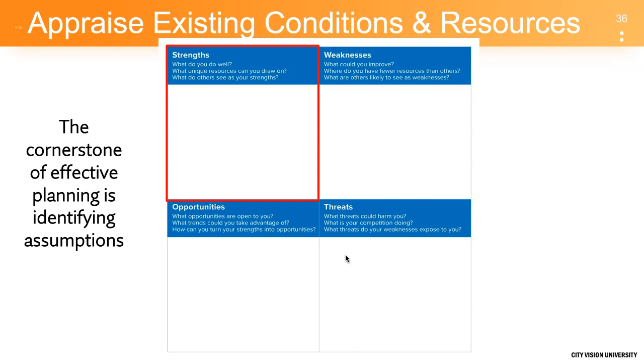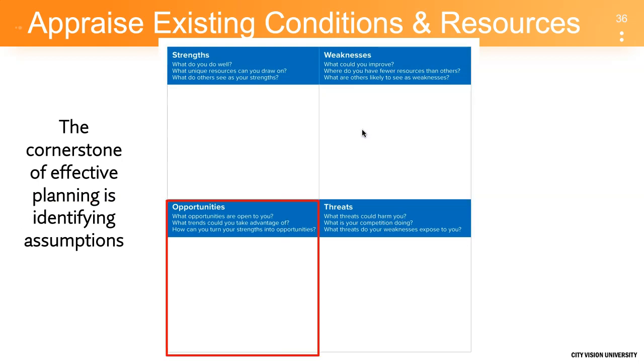Here, it could be a strengthened staff. What is the organization doing well? Do other people say that we are doing well? By identifying our weaknesses, this one maybe not so much, but the thing to note here is that by zeroing in on your strengths and not trying to do something out of a weakness is going to be the best way to go.